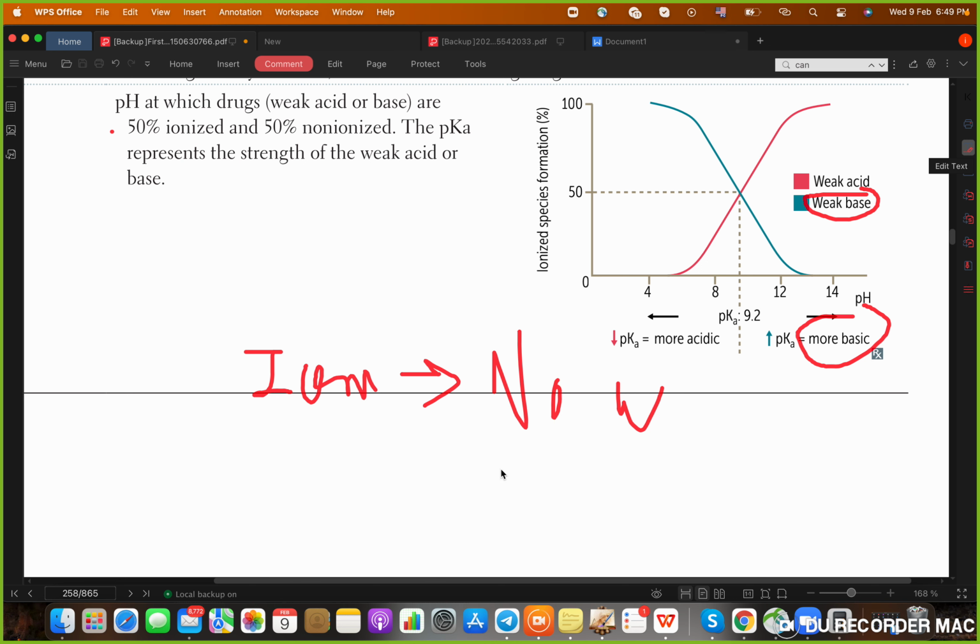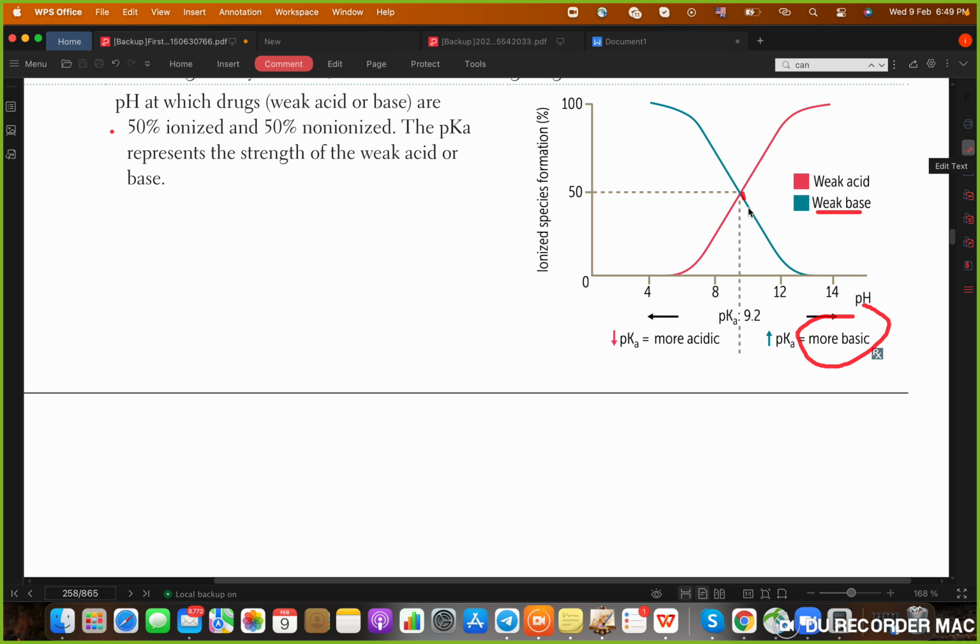Non-ionized, the drug is working. Notice, at a more basic environment, we have less ionized basic molecule, right?